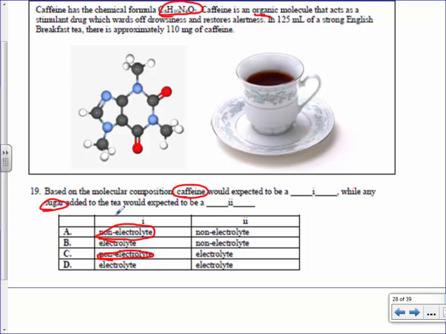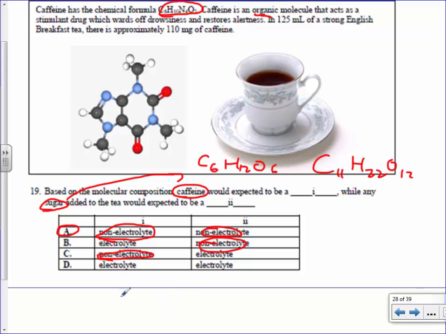So covalent things, again, do not conduct. I don't even care what the formulas are. All that matters is those formulas do not involve metals and nonmetals. They're all completely covalent. Does that make sense? So it means it's a non-electrolyte. So the only category that fits both is A.